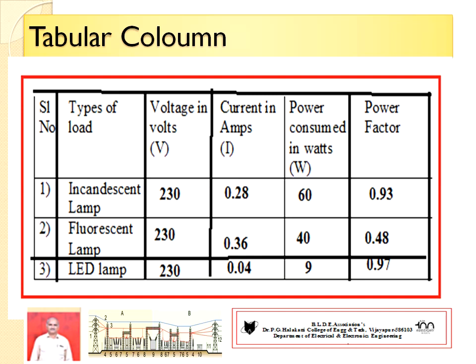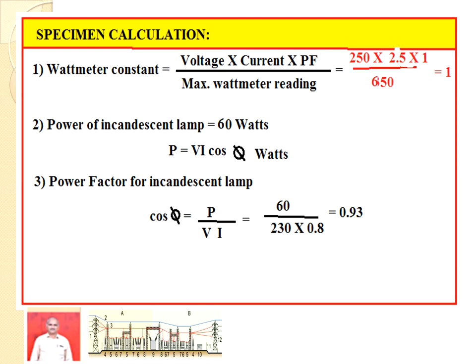These readings are required for all three lamps: incandescent lamp, fluorescent lamp, LED lamp. Hence you write the different types of lamps, then write their voltage, current, power, power factor. Very easy. After conduction of the experiment, you have to enter the readings in the tabular column.